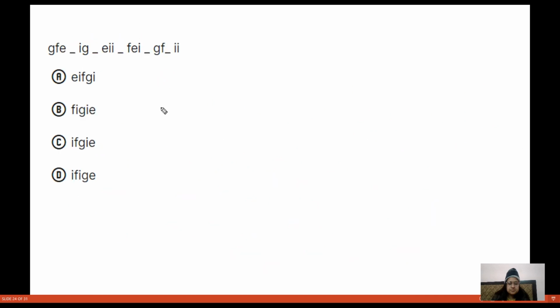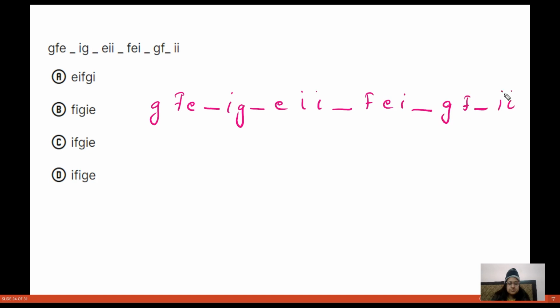Now let us look at this one. You have G F E dash I G. Then G E I dash FEI 10 dash GFII. Now see, here I am noticing something. I am getting some combination of GF.